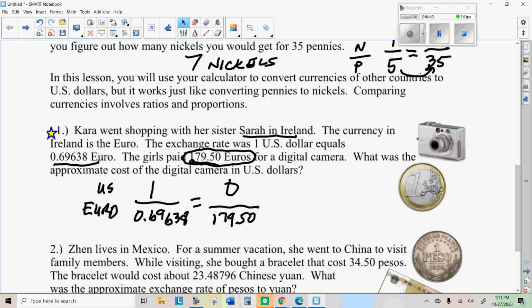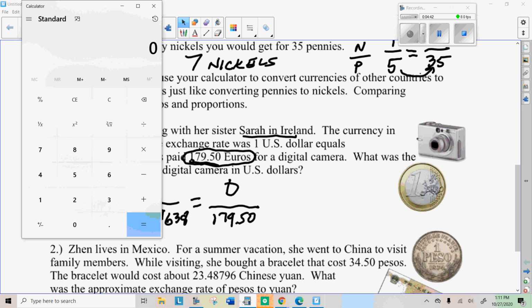All right, so I'm going to take my calculator and multiply cross 1 times 179.5, which we know is 179.5, right? And then I'm going to divide that by 0.69638.